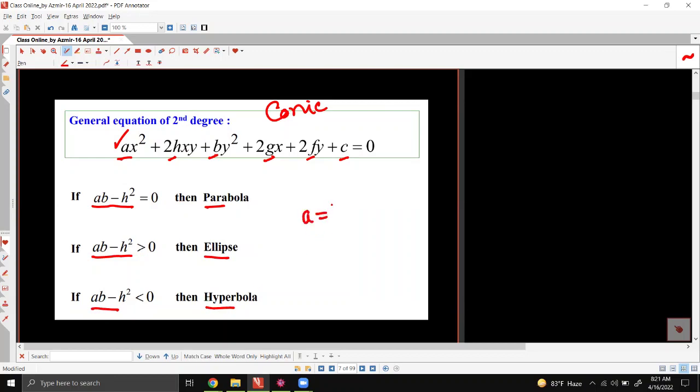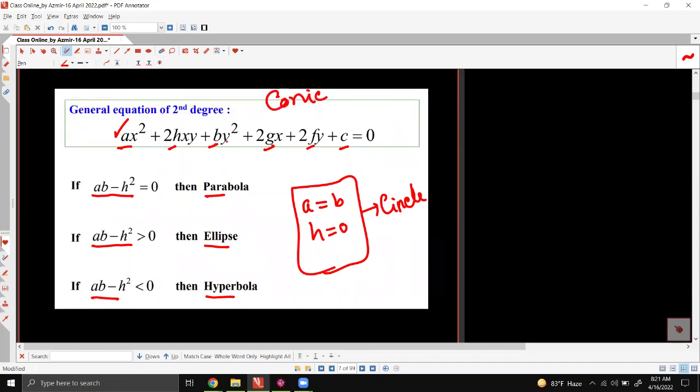Similarly, if a equals b and h equals 0, then we will get a circle. So these are the conditions that you have to check first, to determine whether the given equation is a parabola, ellipse, hyperbola, or circle. Once we understand the type of the given equation, we can easily analyze it.